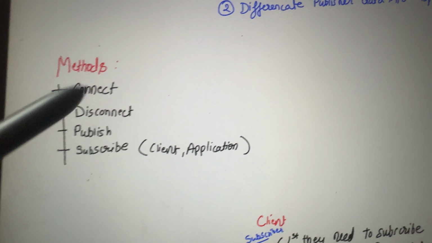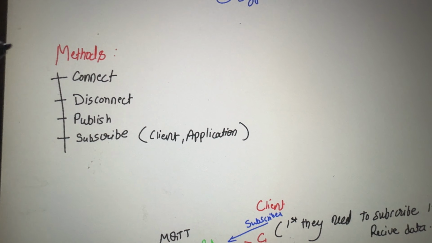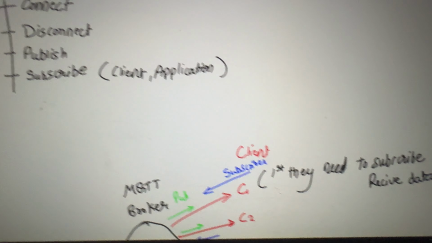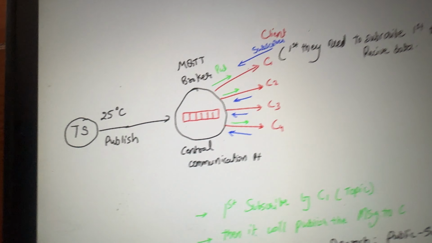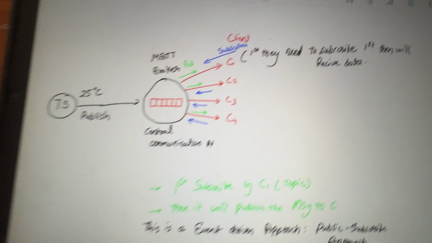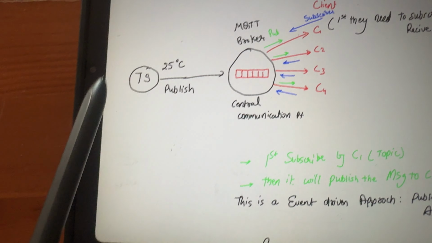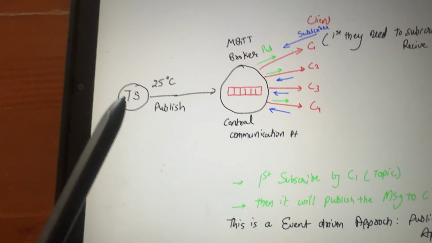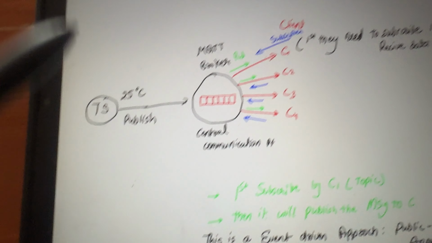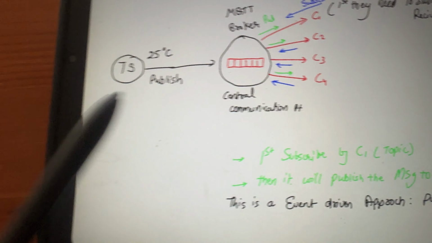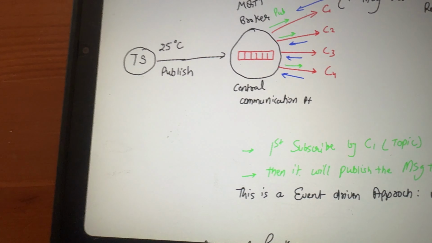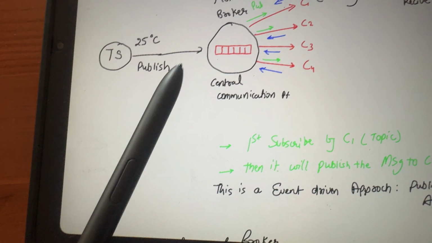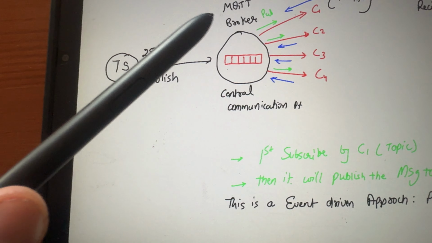So the methods are connect, disconnect, publish and subscribe. The subscribers are clients like applications and mobile phones. For example, a temperature sensor publishing the temperature, suppose 25 degrees Celsius. In my case, the capacity of the bin is published and uploaded over the MQTT broker.